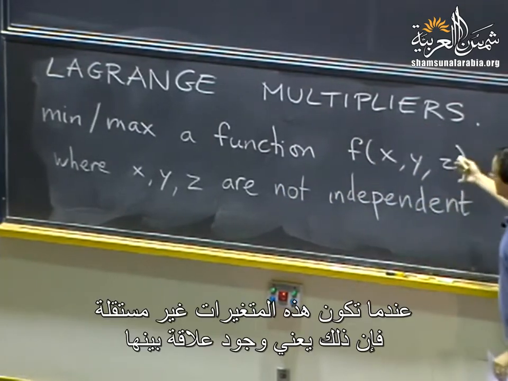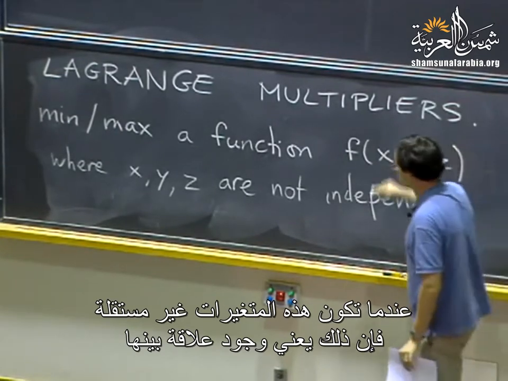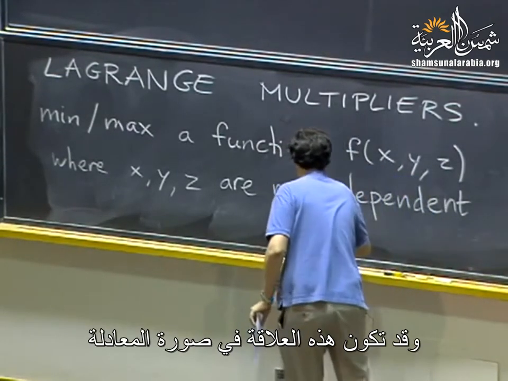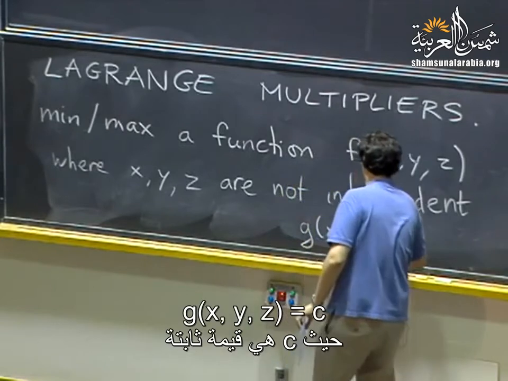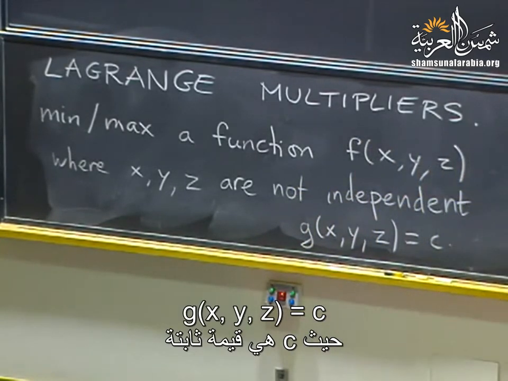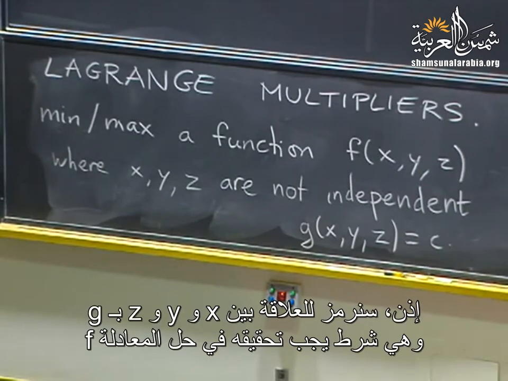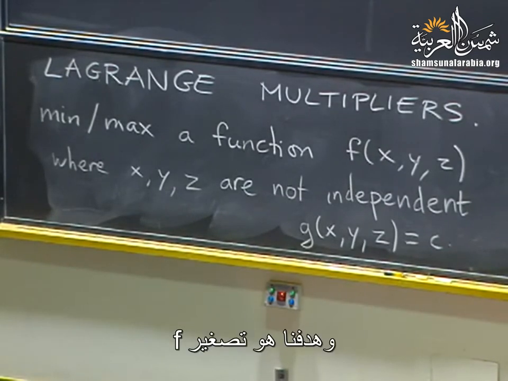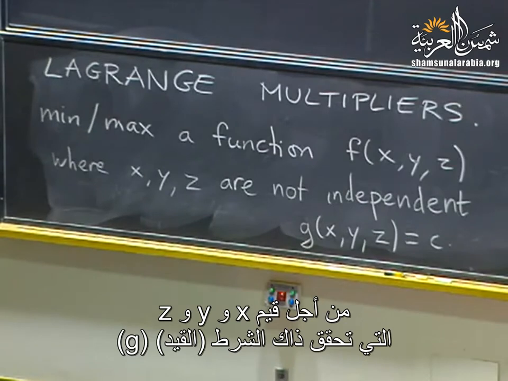So they're not independent. That means that there's a relation between them. The relation is maybe some equation of the form g of x, y, z equals some constant. Okay, so you take the relation between x, y, z, you call that g, and that gives you the constraint, and the goal is to minimize f only over those values of x, y, z that satisfy the constraint.